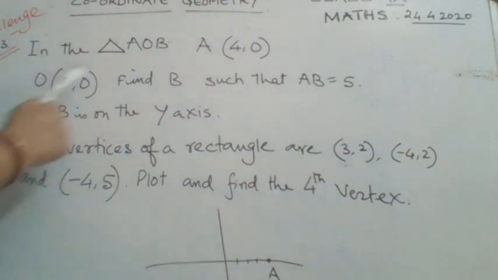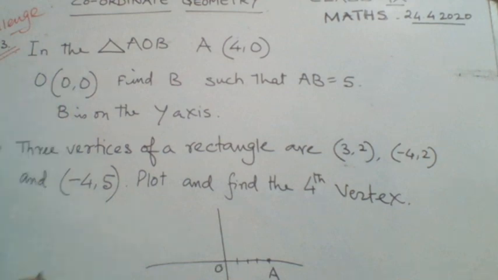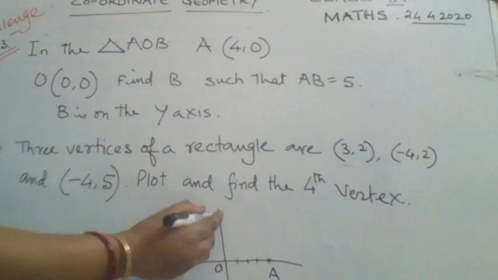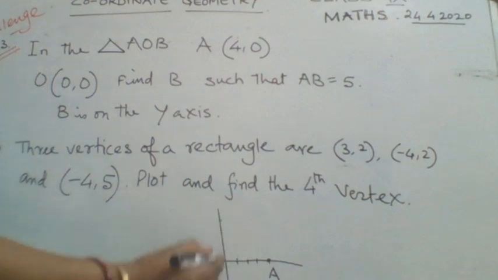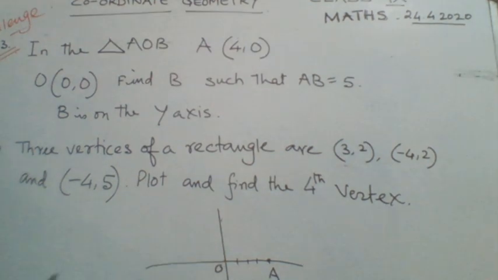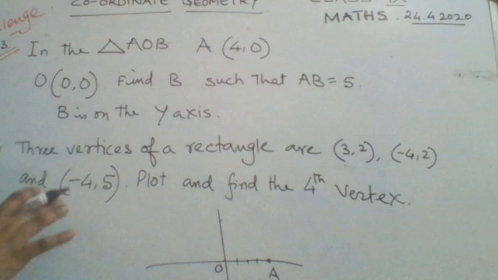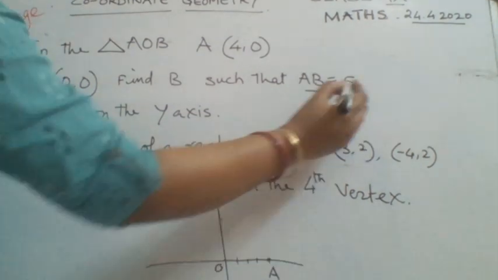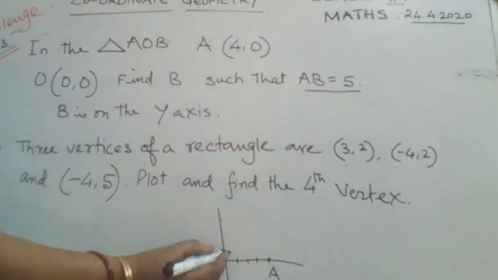And this one, the vertex O, is 0, 0. This is the origin. Now the point B is somewhere on the y-axis. Maybe here, or it could be on this side in the negative y-axis also. Both possibilities are there. You need to find the point B, and point B is on the y-axis. It is given to you that AB is equal to 5. Now this angle is 90 degrees.